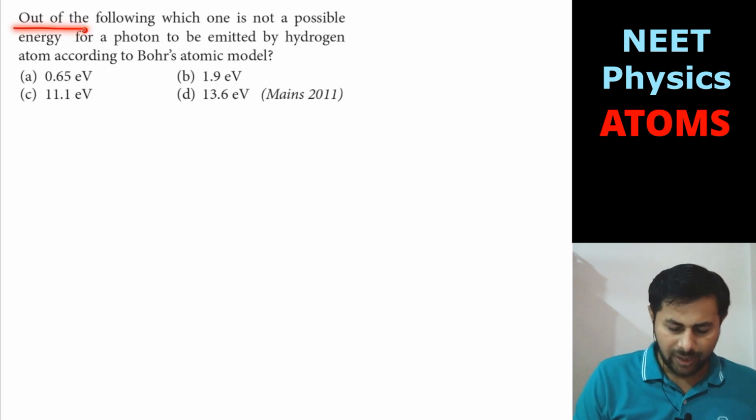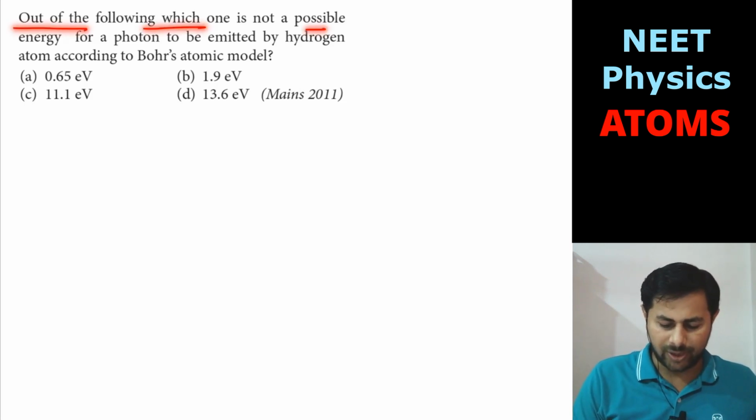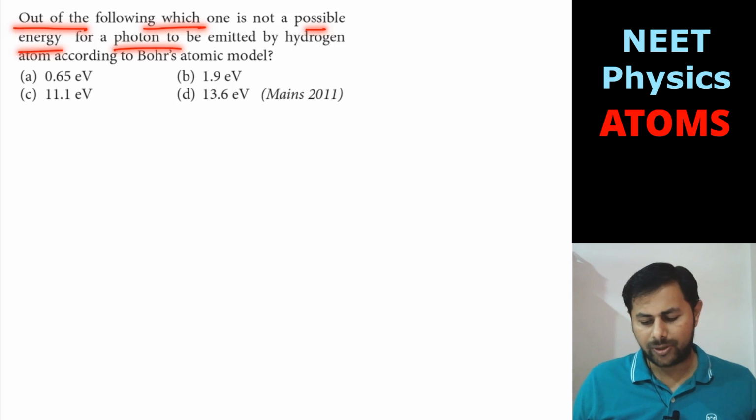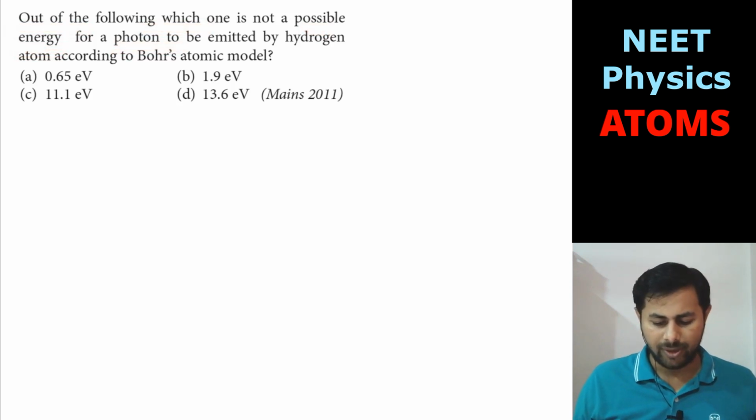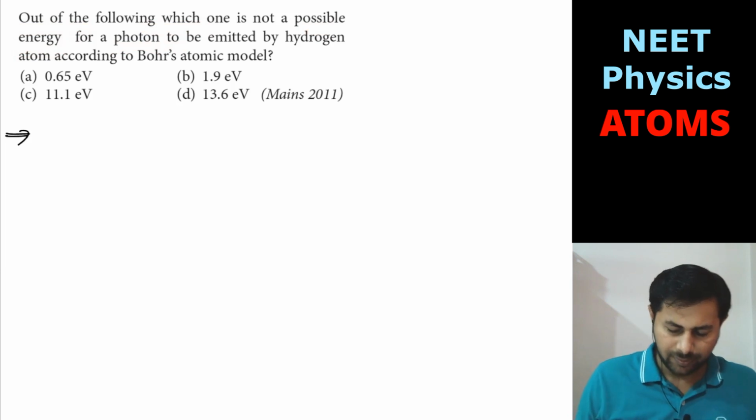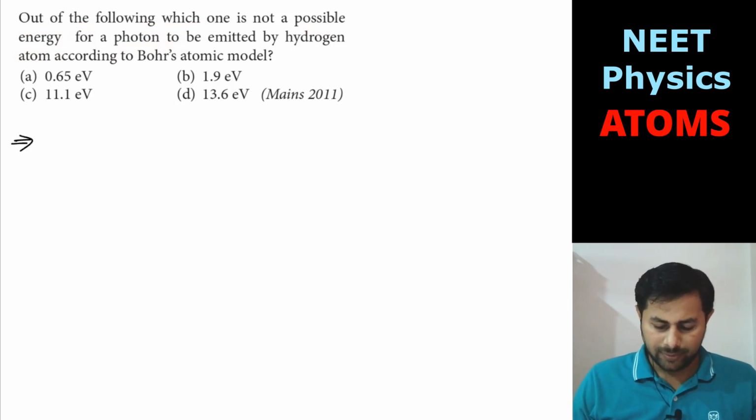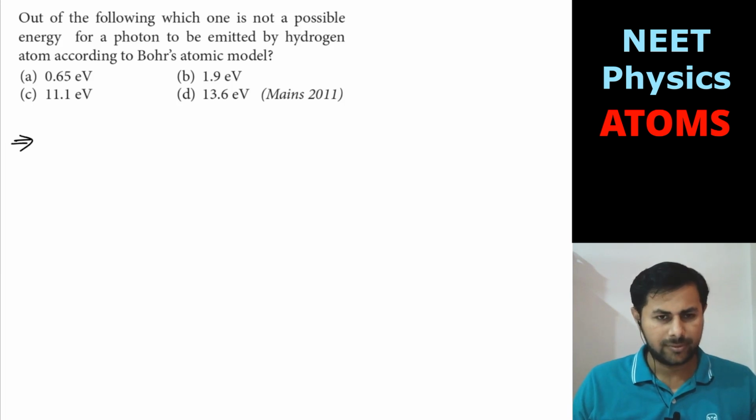Let's see next one. Out of the following, which one is not a possible energy for a photon to be emitted by hydrogen atom according to Bohr's atomic model? Tell me. So this question you need to solve by trial and error. There is no other option.